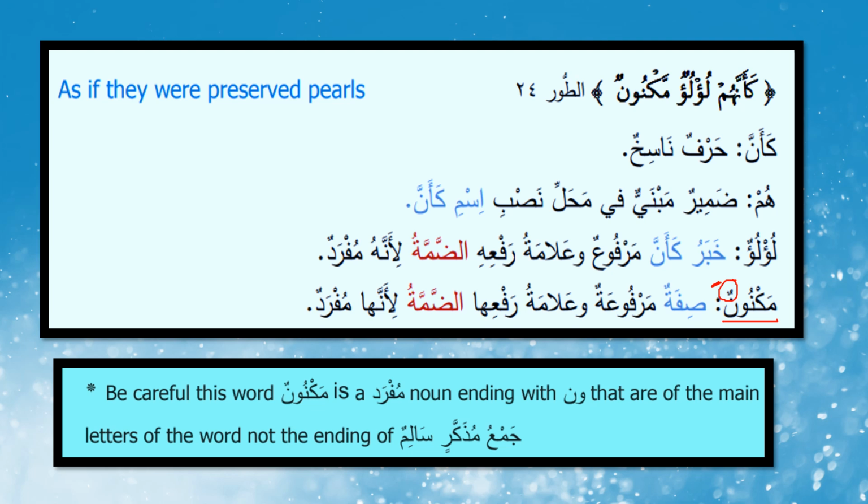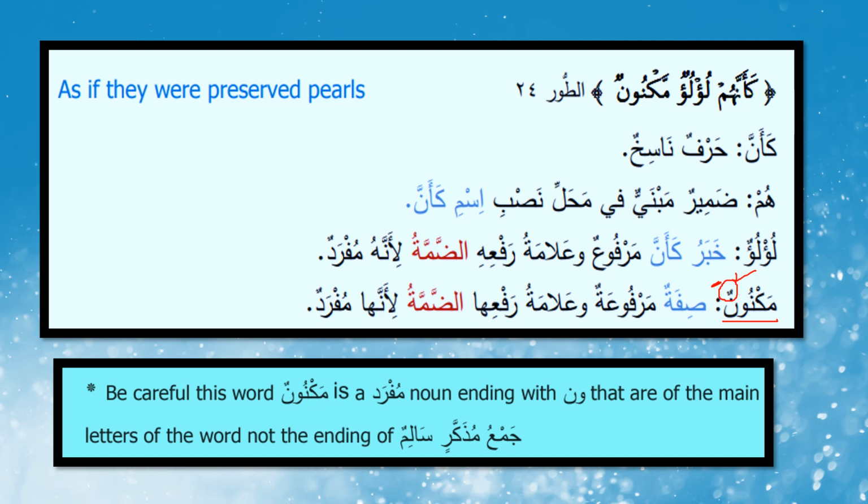But this noon has a tanween. This tanween is the proof that this noun maknoon is a mufrad singular nakira noun, not a jama muzakkar. By seeing the wow and noon, you should not get confused. Always check the haraka. The jama muzakkar noon zaida always has a fatha over it, not tanween. So you should always pay attention to the haraka.